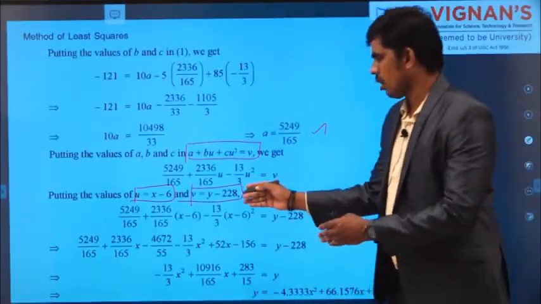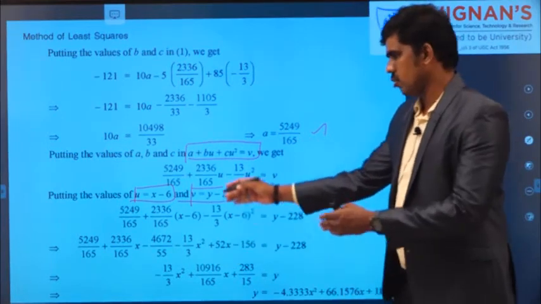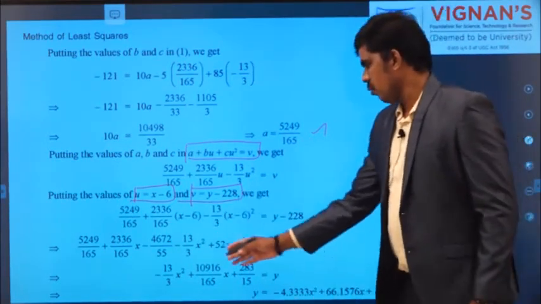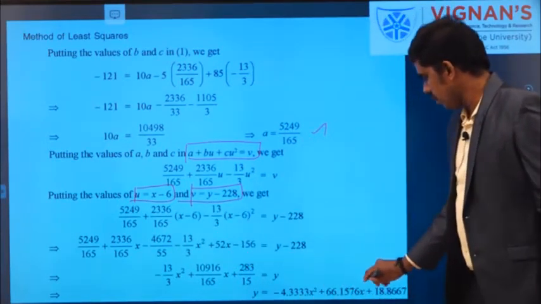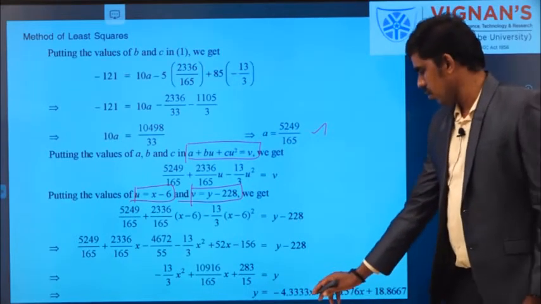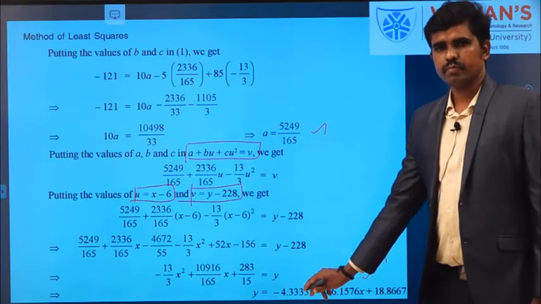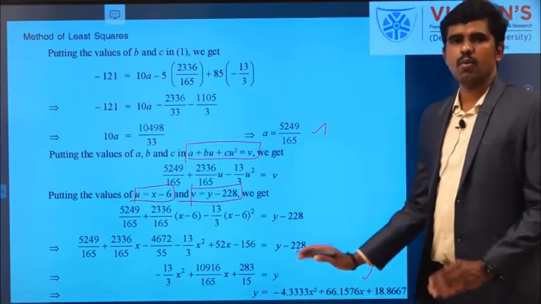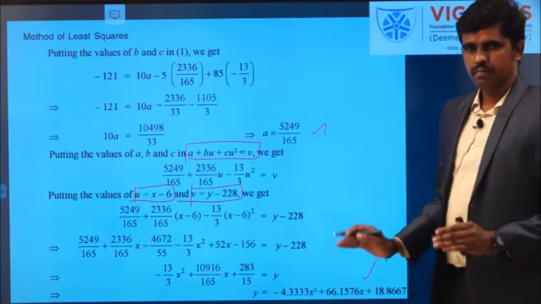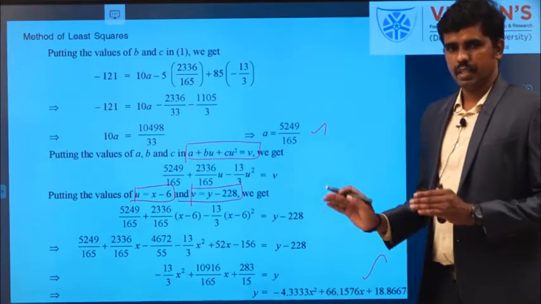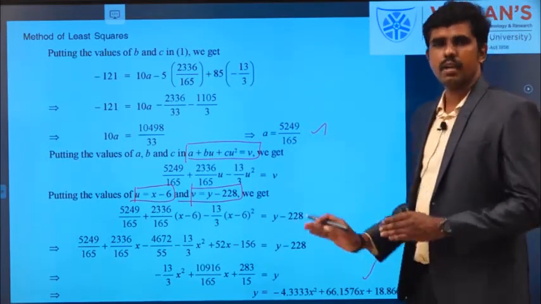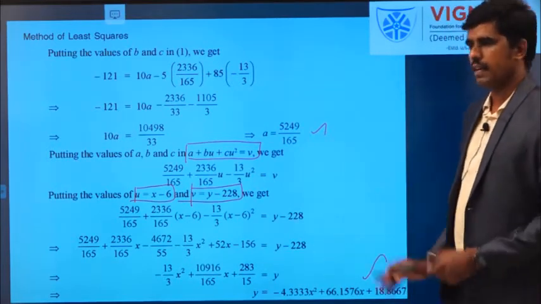You can substitute all those values, then you will get a parabola equation like this: y is equal to a plus bx plus cx square. So this is my required parabola fit for the given data.